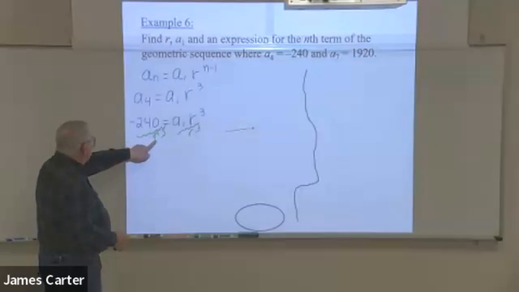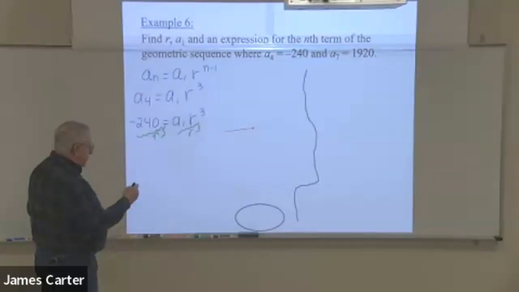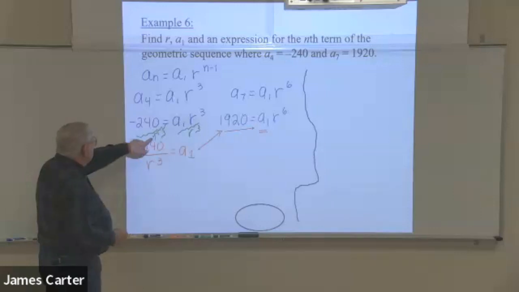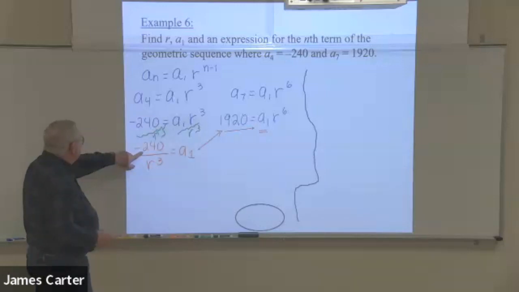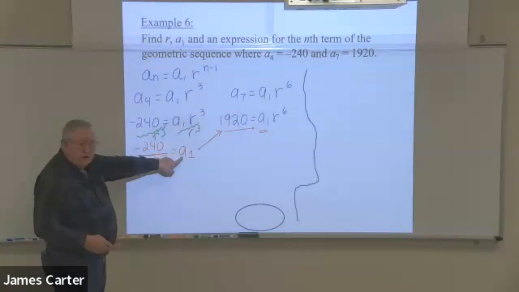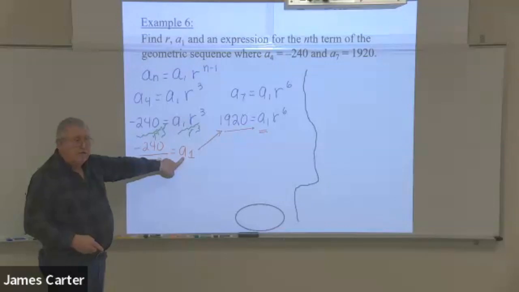That's an r, believe it or not. So we end up, in this case, these are out of sequence obviously, with 240 over r cubed equals the first term. But we still haven't found the common ratio yet.